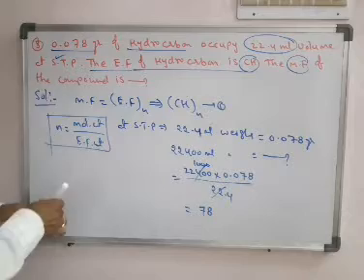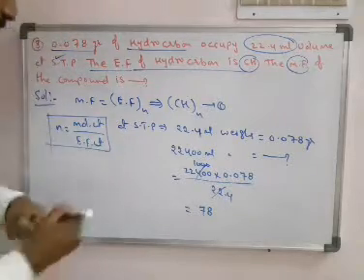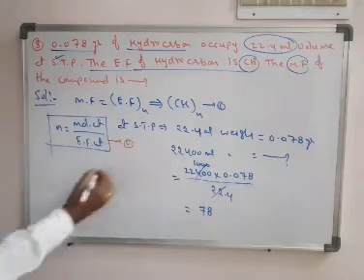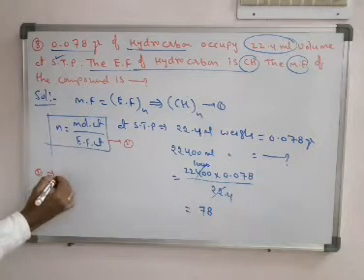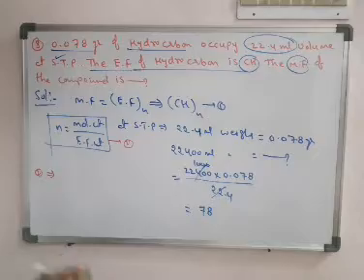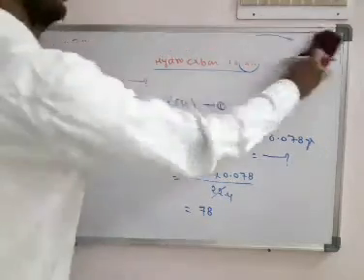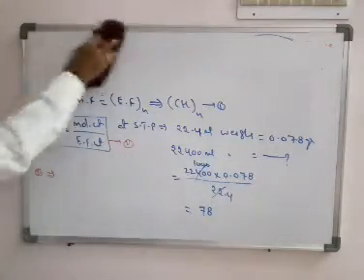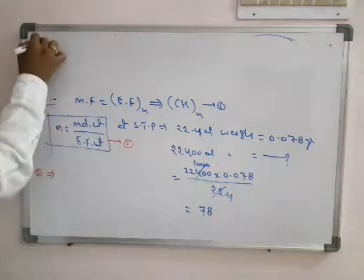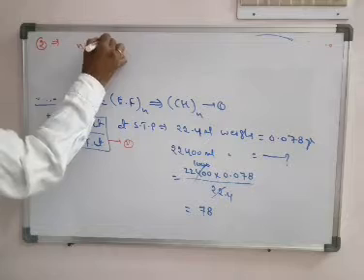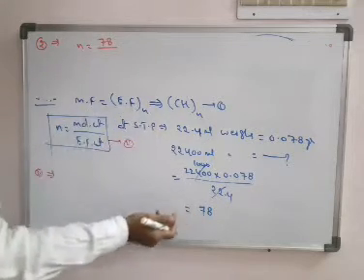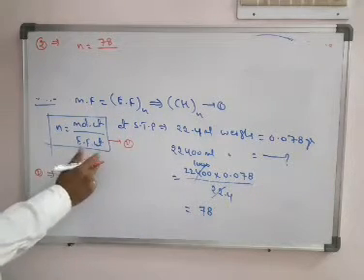Say it is equation 2. Substitute in equation 2: n equals the molecular weight, which is 78, over the empirical formula weight.